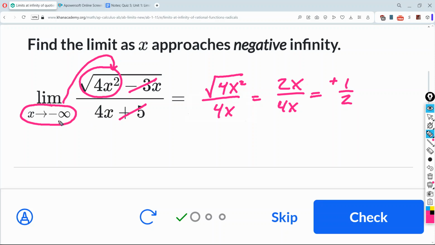And the one on the bottom, negative infinity, yes, that is just x as is. It's not squared. It's not to the fourth. It's not an even root. So this one does go to negative infinity. So in the denominator, it's negative. Positive divided by negative, as we know, that's a negative. So unlike problem number 1, this one actually goes to negative 1/2.